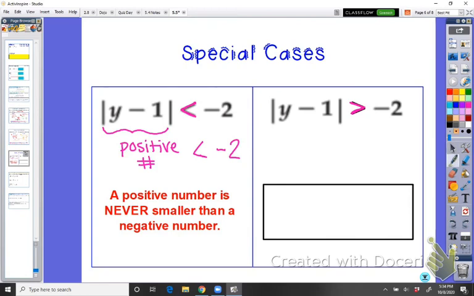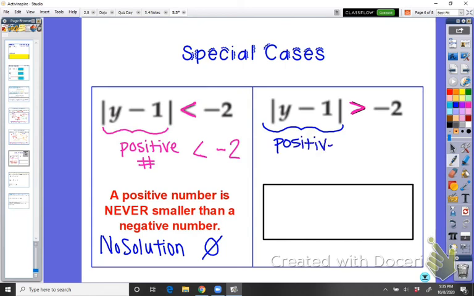You want to write that down. So this has no solution, or the empty set, the circle with the slash through it. On the other end, if I had the absolute value of this, again, it's going to represent a positive number no matter what's in there. But now I'm saying that positive number is bigger than negative 2, which is true.